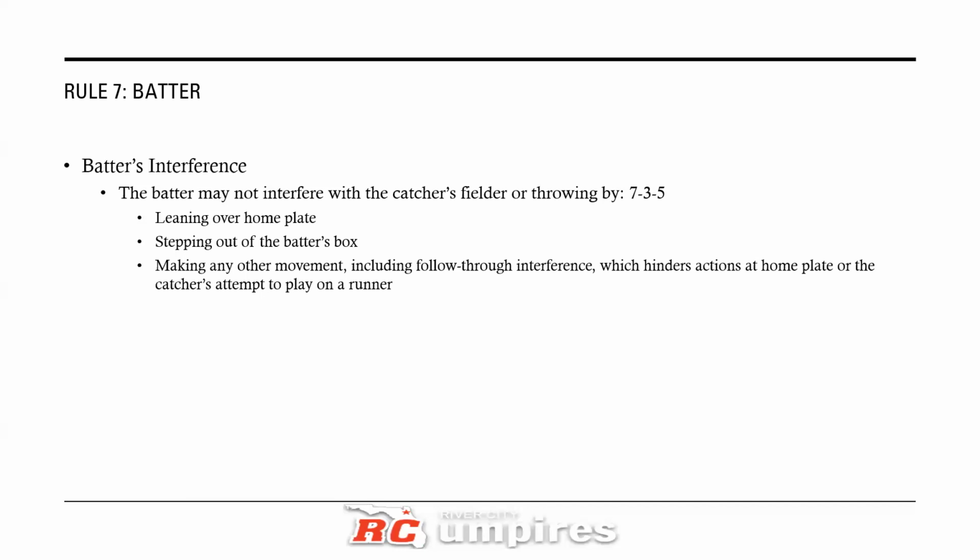I'm going to say this one more time. Making any movement, including follow-through interference, which hinders the actions at home plate or the catcher's attempt to play on a runner. That is batter's interference.